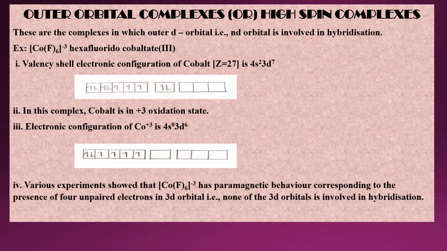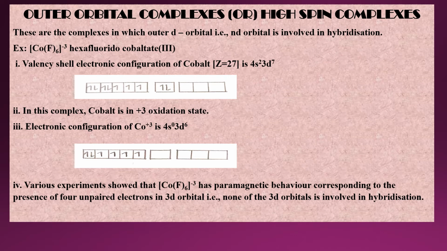So you might think that these electrons will be forced to pair up, and hence 6 vacant orbitals will be formed. But the case is different here. When experiments were performed, they showed that [CoF6]3- is paramagnetic, corresponding to the presence of 4 unpaired electrons in 3d orbitals.